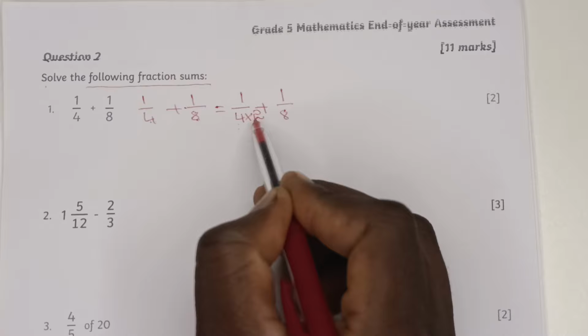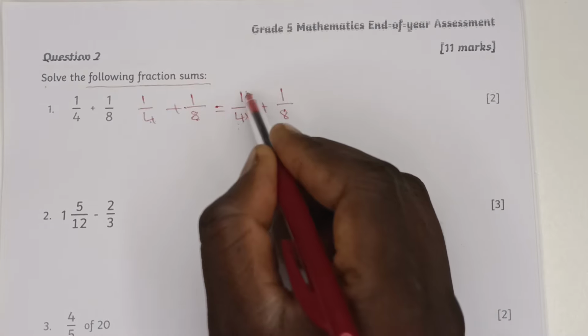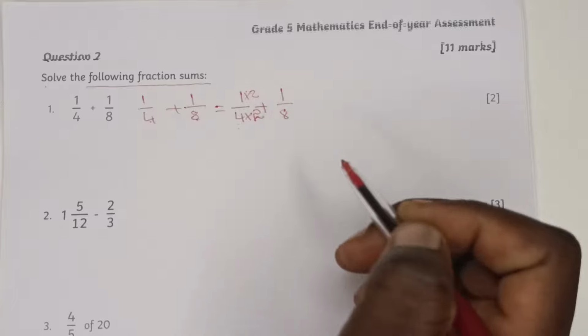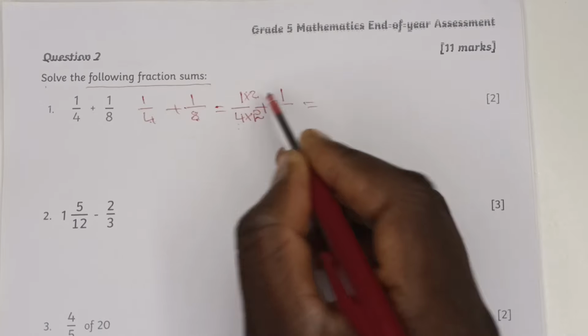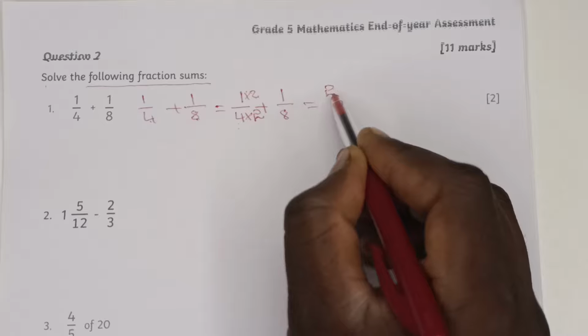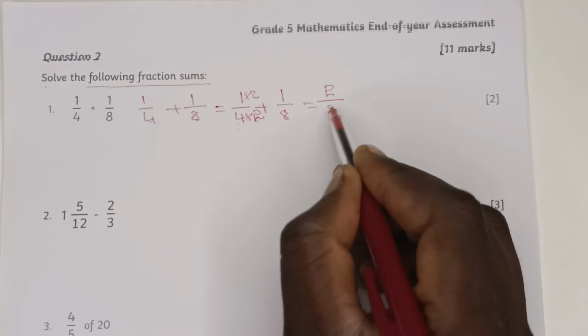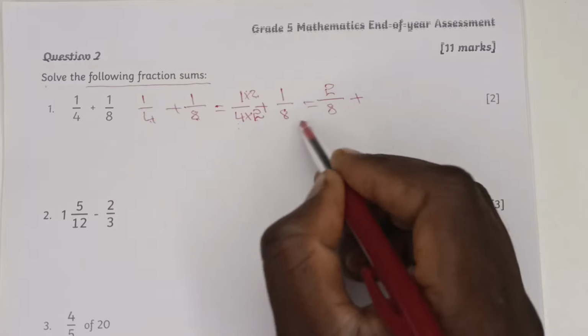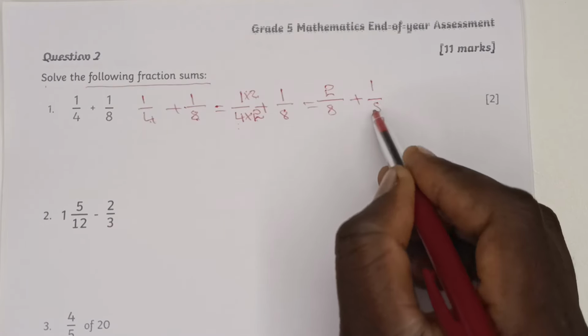And then what you do here, you must also do on top. Then you multiply here by 2 as well. And then now you say 1 multiplied by 2 is 2 over 4 multiplied by 2 is 8. Then this one you write it just the way it is.